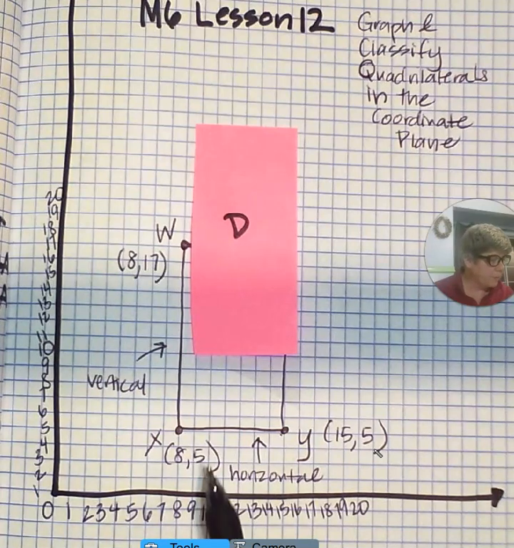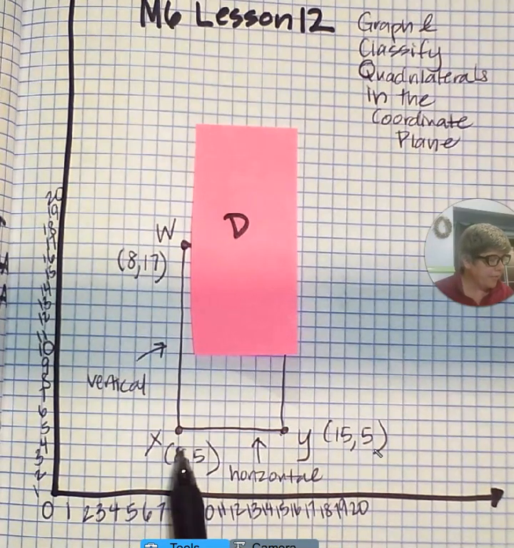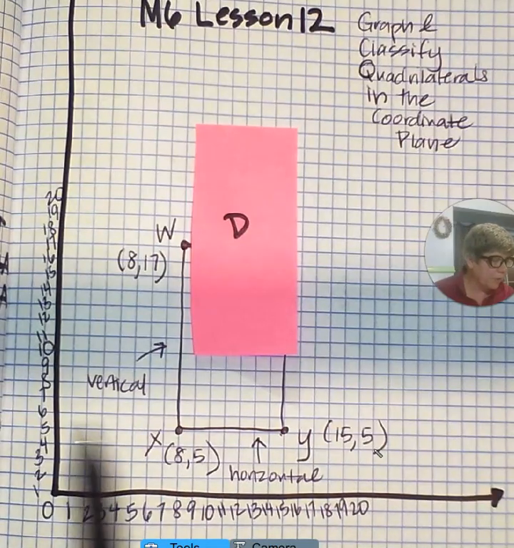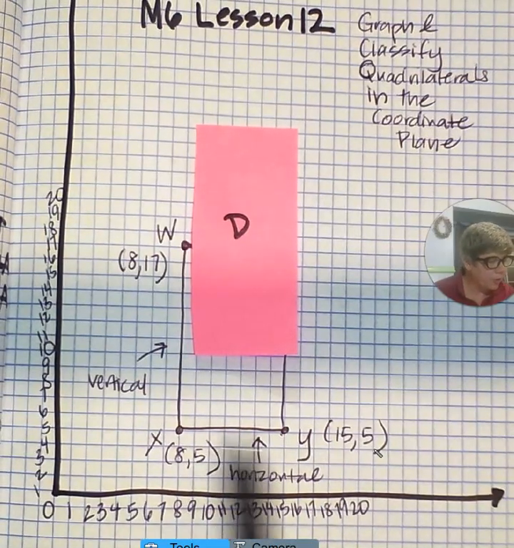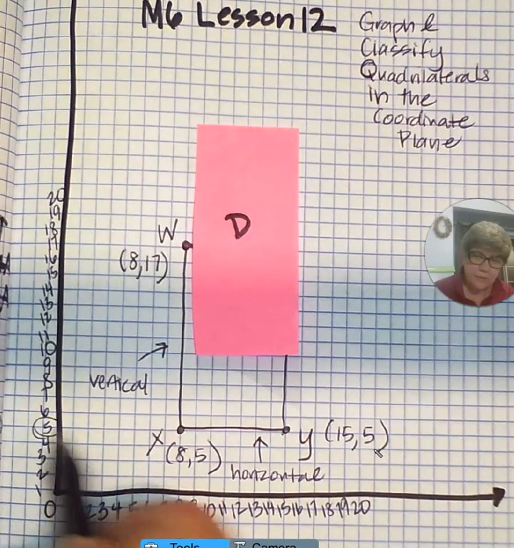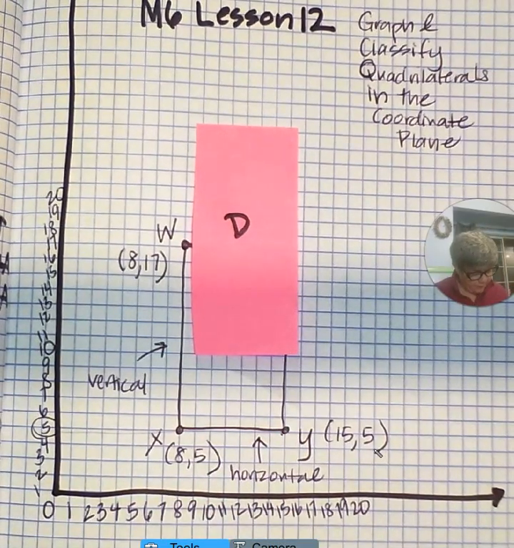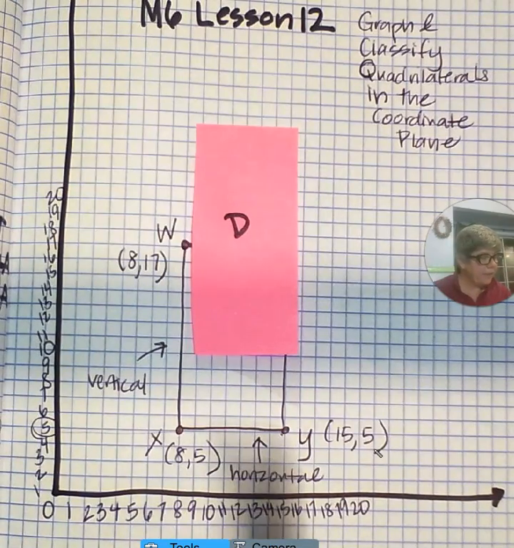You're right, the Y is both 5, but the X's are different because this is a horizontal line, so it is going along the 5, right? Okay, very good. And what is the length of XY? 15 minus 8, or count up from 8 to 15. This time let's count up. 8, 9, 10, 11, 12, 13, 14, 15. That makes it 7. The length of line XY is 7.